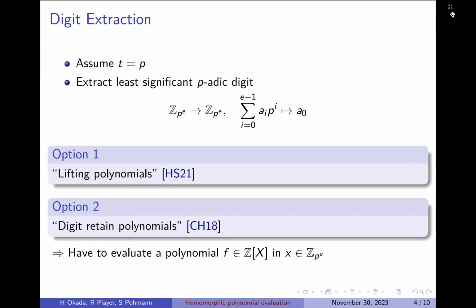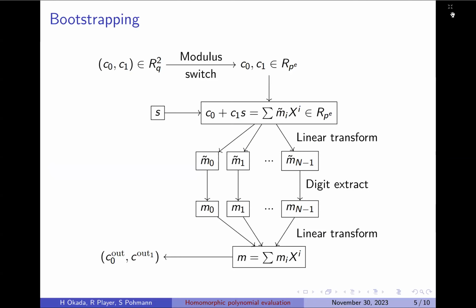Okay, just to finish the motivating section here, an overview of bootstrapping. Take BFV, say: we start with a ciphertext which has high noise and encrypts a message. We first perform a modulus switch to get into this setting where we are in R modulo p to the e.